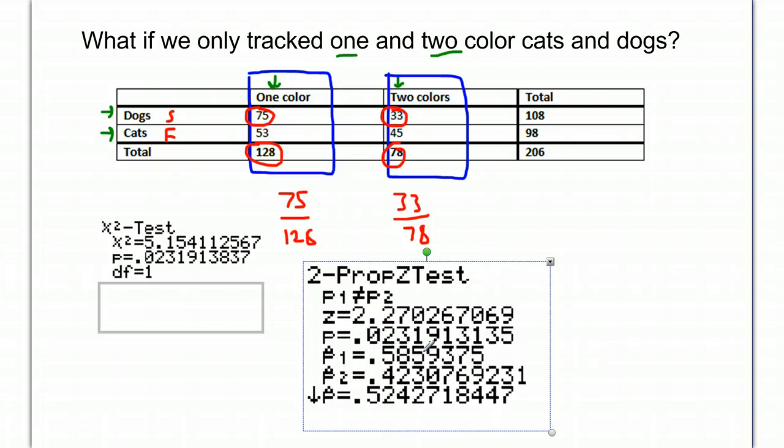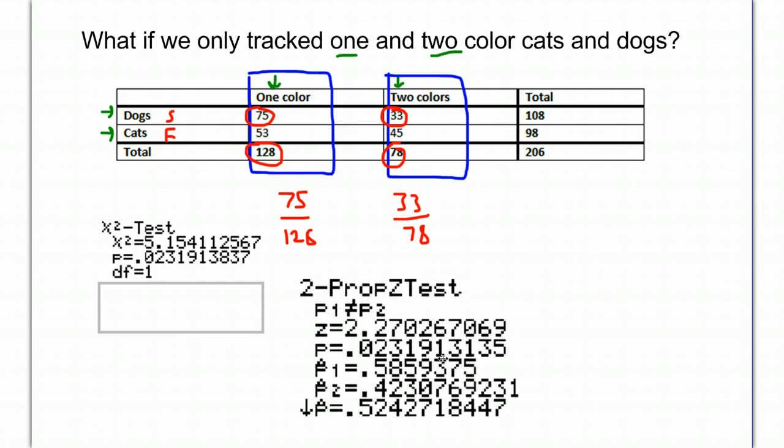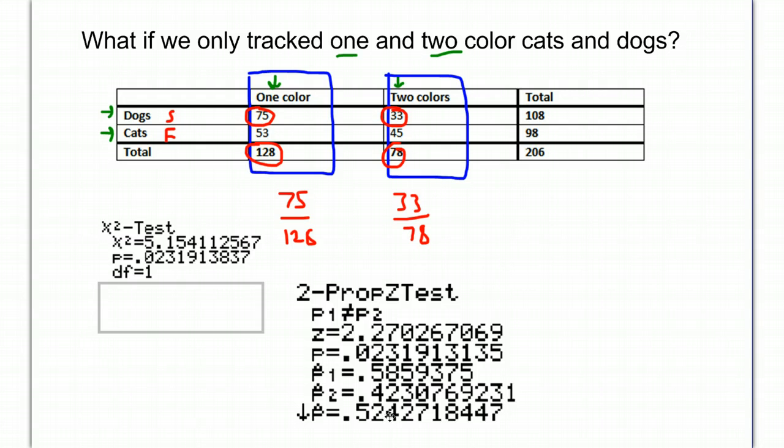Now you're going to notice that there's p's all over this thing. We have p1 not equal to p2, then we have a p, we have a p hat 1, a p hat 2, a p hat, all kinds of stuff. The one that we care about is the one that has no special stuff on the p. It's just the regular p-value right here.